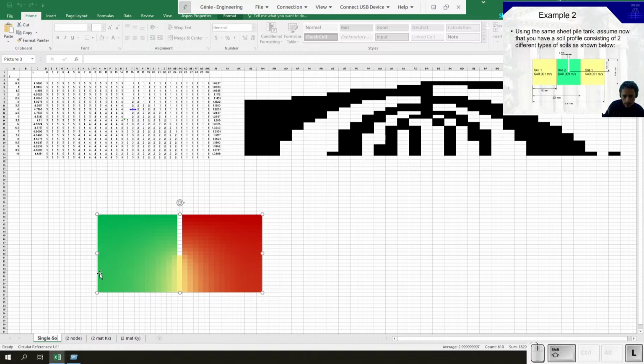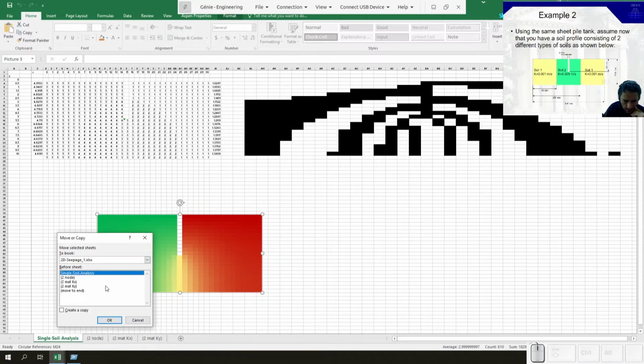Single soil analysis. And now we can basically copy this. Create a copy.